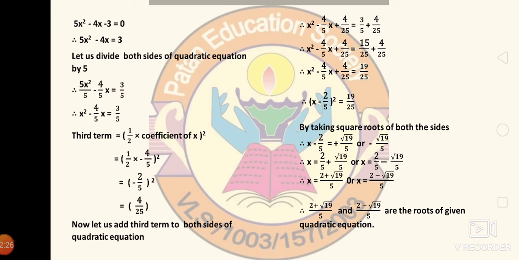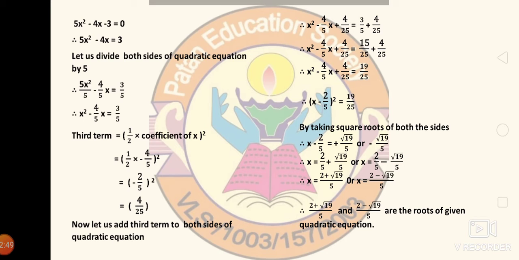Negative 2 squared is 4, and 5 squared is 25. So your third term will come like 4 upon 25. What is your third term? Yes, 4 upon 25.